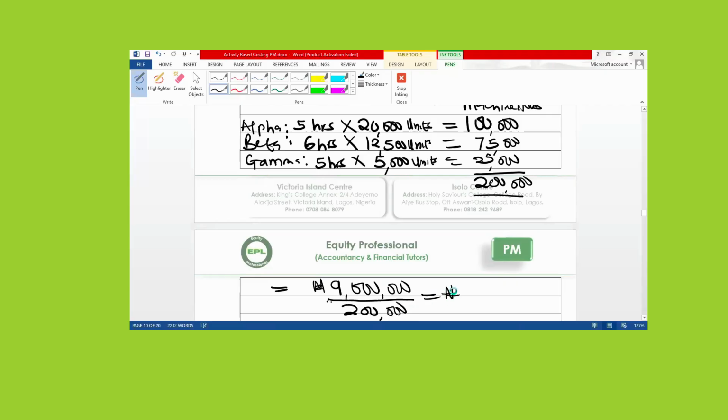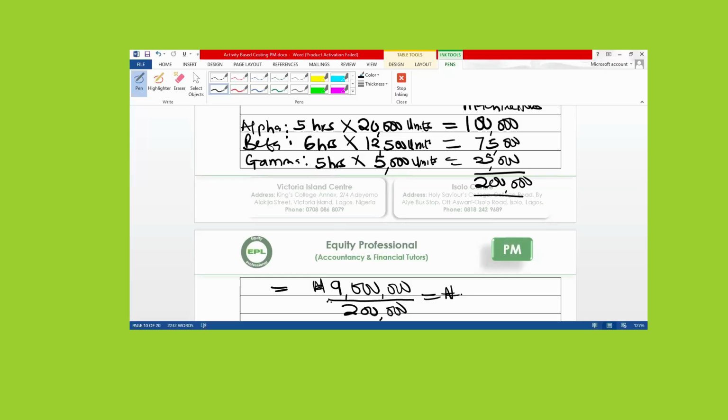What do we have? 45 naira per machine hour. Please, it's very important for me to stress this: you have to put that basis to it.